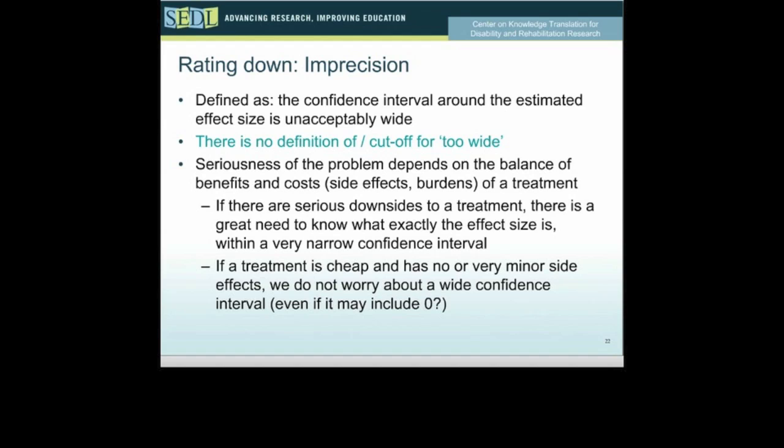But for other things, it doesn't matter that much. And if a treatment is cheap and has no or very minor side effects, we don't necessarily care that much. So look at confidence intervals, look at imprecision from that perspective.